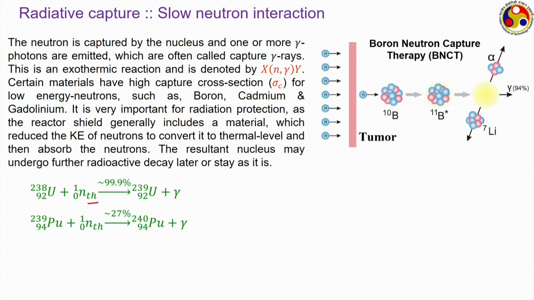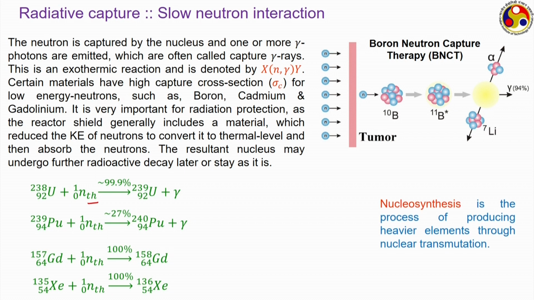Similarly, a thermalized neutron, when it strikes plutonium 239, leads to plutonium 240 formation, but the corresponding probability is only 27%. We can have certain other reactions also, like gadolinium that was mentioned. When it receives one thermal neutron, it immediately absorbs it, and there is 100% probability of that. So, for xenon 135.